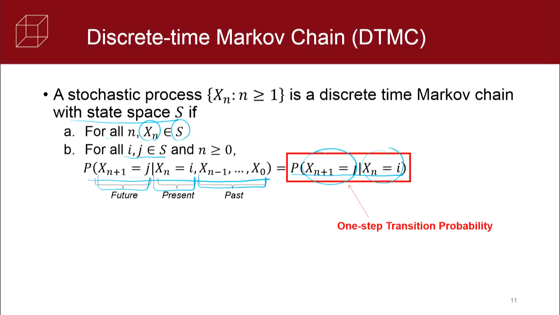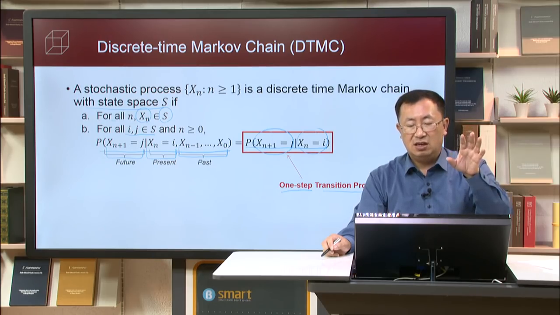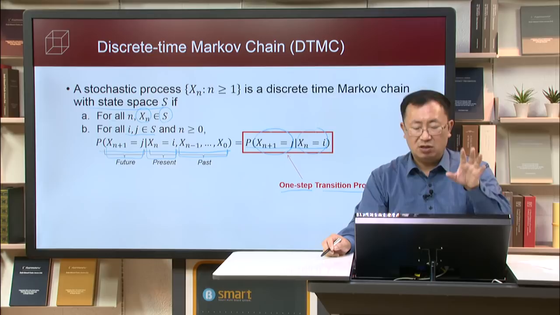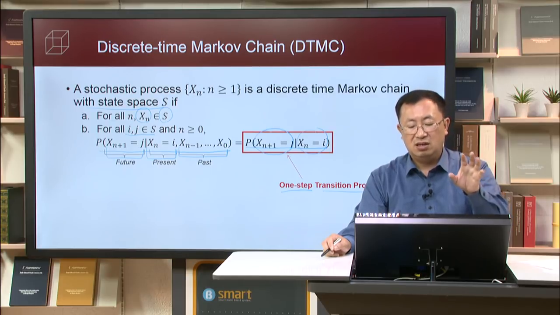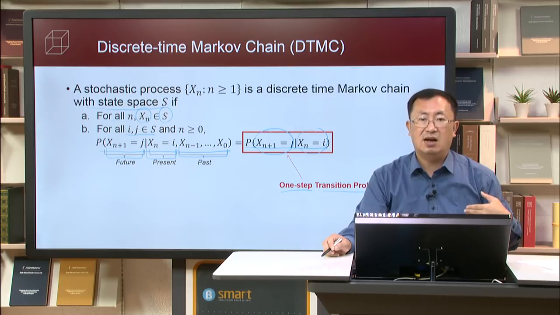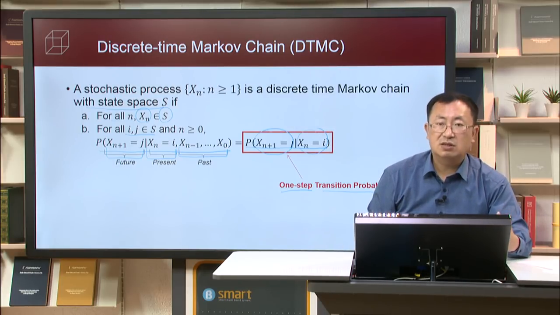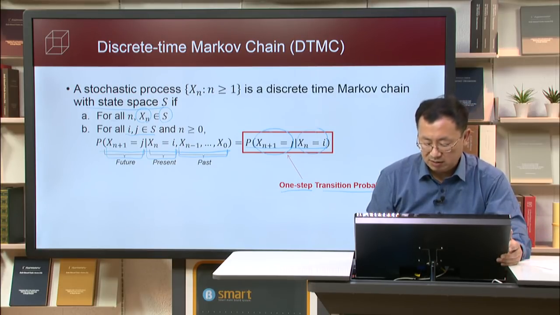That is called the one-step transition probability. It specifies the probability that we are going to have j, given that the system is currently in state i. So that is called the discrete time Markov chain.